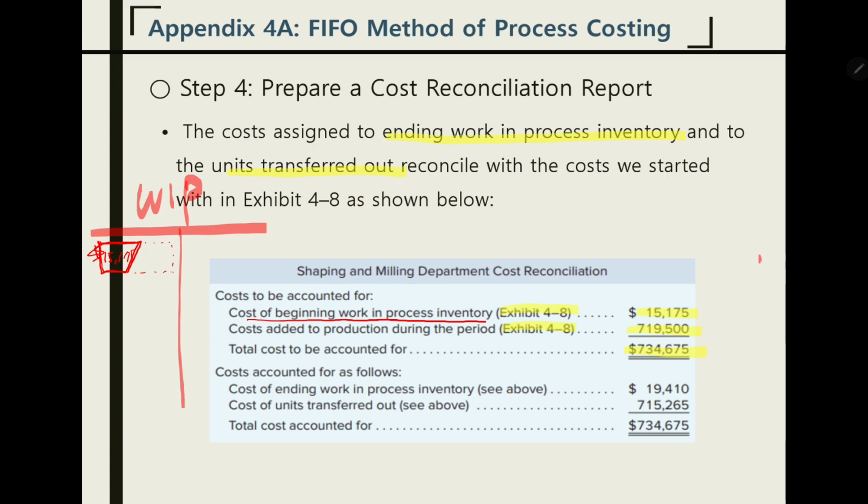Okay. And then the cost added to production during the period: the effort made to complete the beginning inventory, and the units started and completed, and the ending inventory.